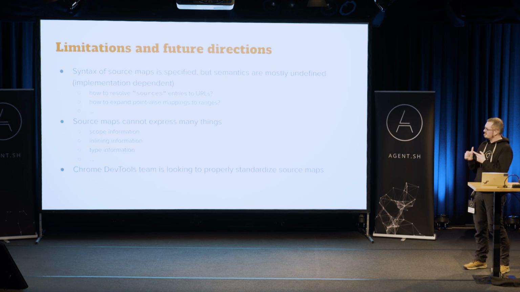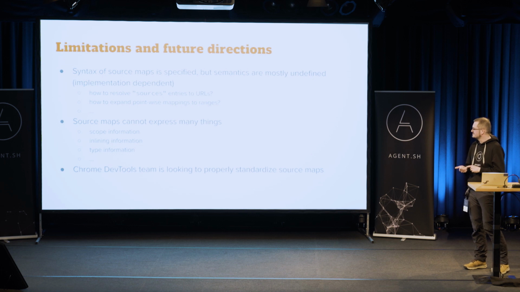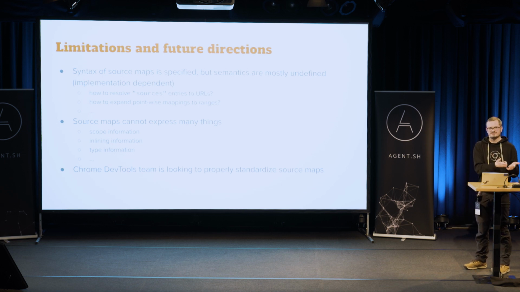So we have no idea about scopes. We don't know where variables are, or what the lifetime of a variable is. We don't even know what the scope of a function is. We cannot make sense of the input language unless we parse it ourselves. There's no information about inlining, so if you inline multiple things into one function, it only shows up as one item in the call stack, where in reality this was a compiler optimization and you had 10 call stacks that were just inlined.